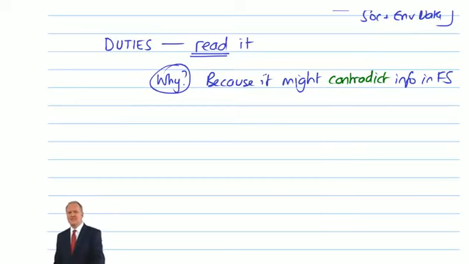And if that's the case, shareholders reading the annual report and the financial statements would get confused. And we wouldn't want that to happen. So you're going to read what's in this other information.